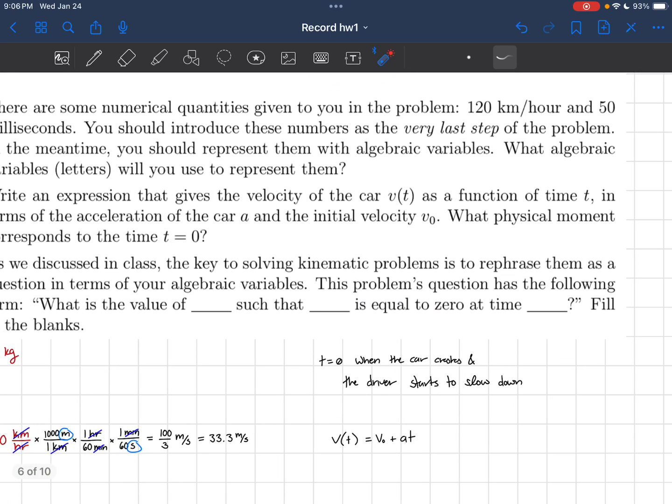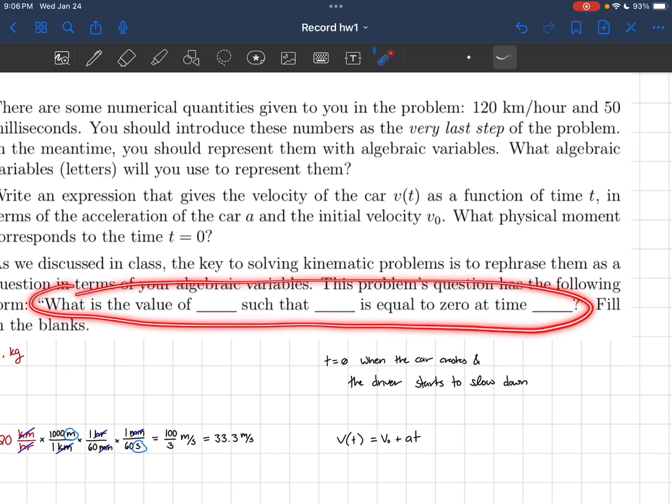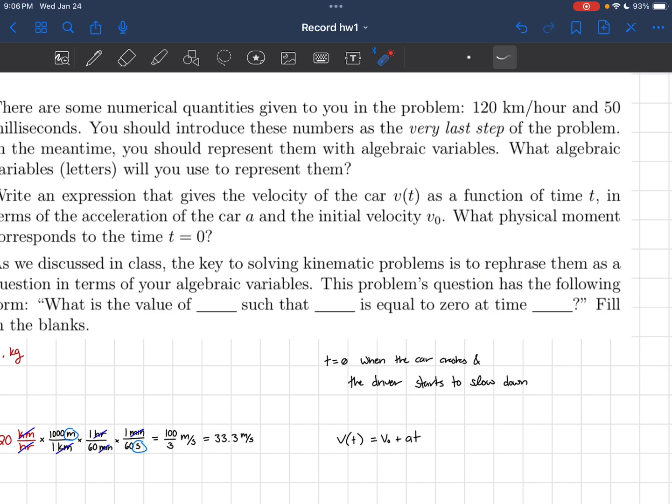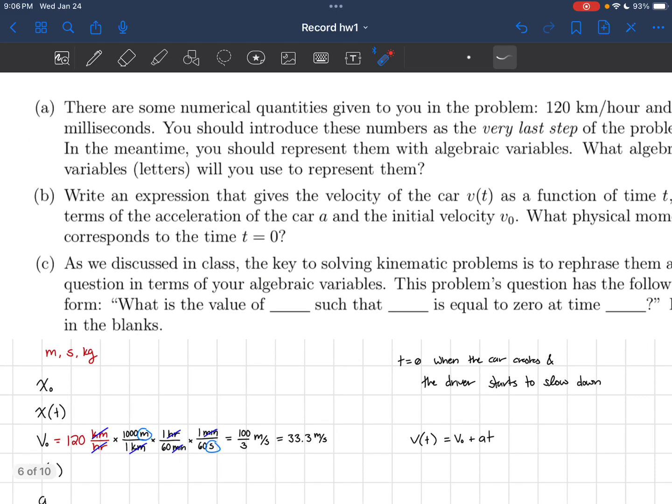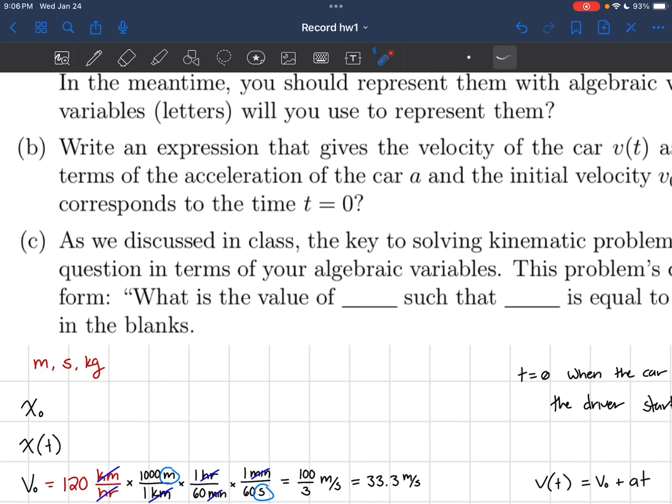So our question is, what is the value of blank such that blank is equal to 0 at time blank? All of these questions that I'm going to be formatting will start with, what is the value of blank? What this blank is, it is what the question is asking me to solve for.